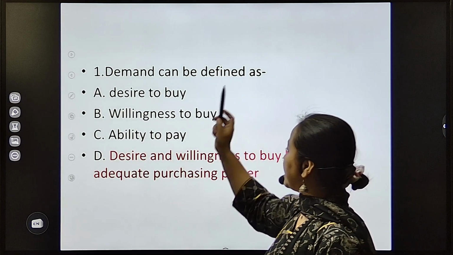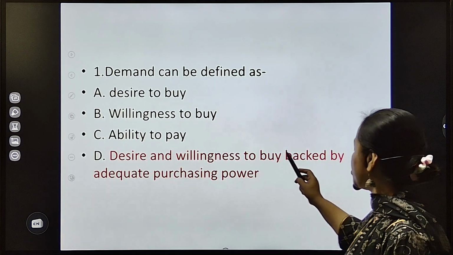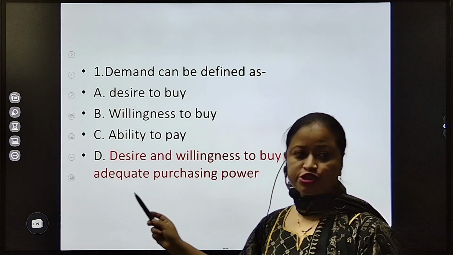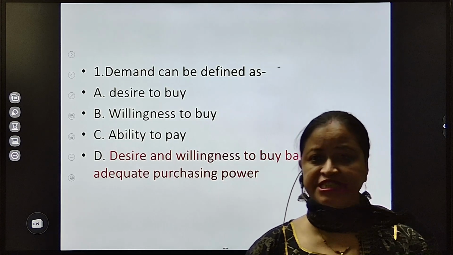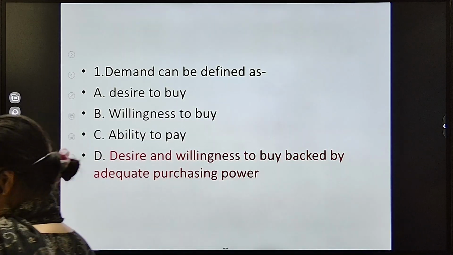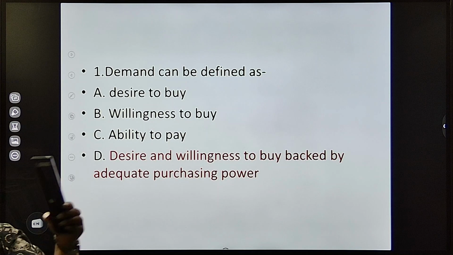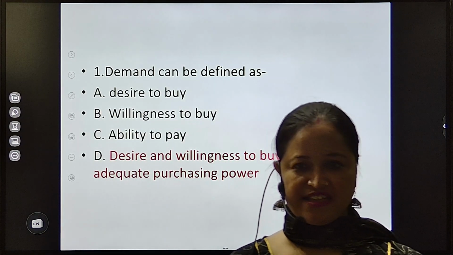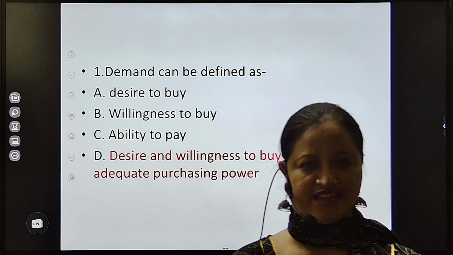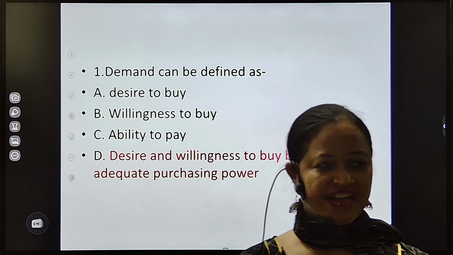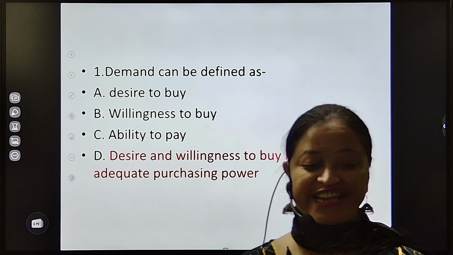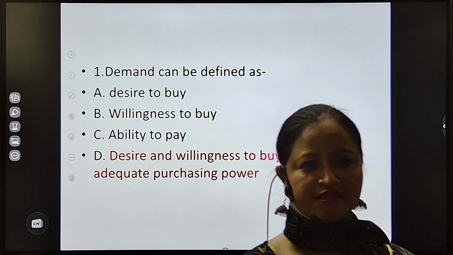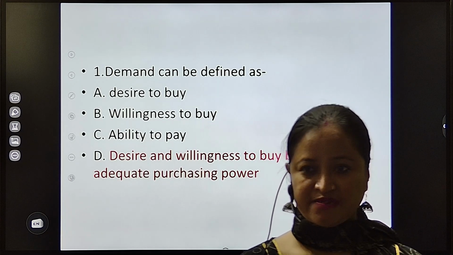Demand can be defined as desire and willingness to buy backed by adequate purchasing power. So purchasing power means what? You have money. Suppose there are some people who have money, and they have the desire, but they do not have the willingness, they think their money will be gone. That is not demand.